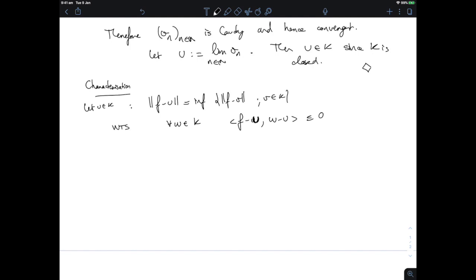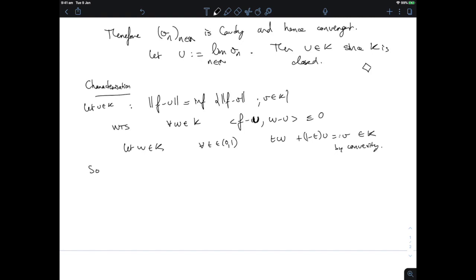Let's give ourselves an omega in K, and we need to prove the inequality. What we have is that for every t in [0,1], if I take a linear combination between u and w, so tw plus (1 minus t)u, let's call that v, that's going to have to be an element of K by convexity.